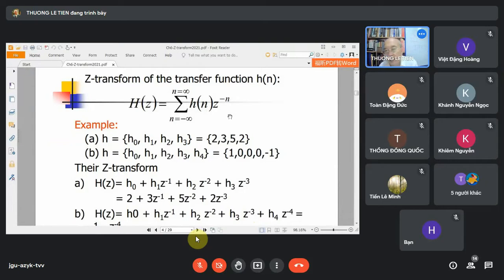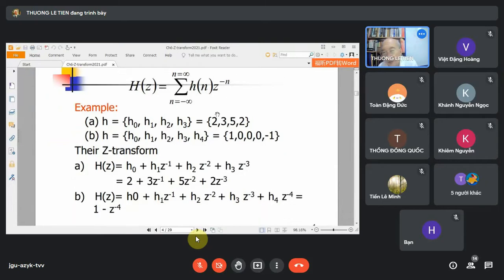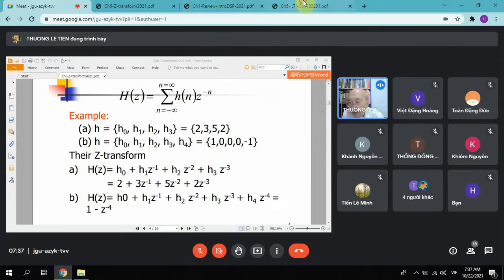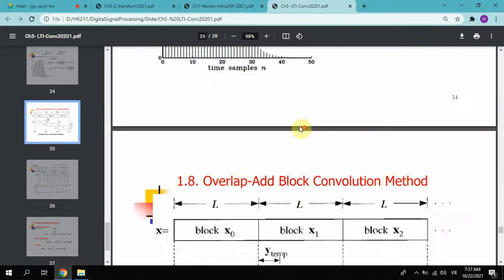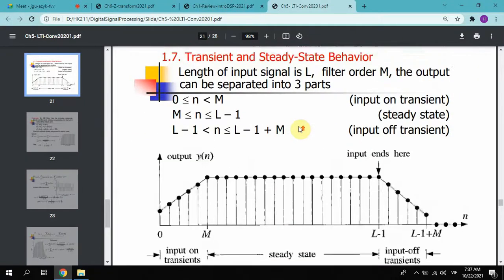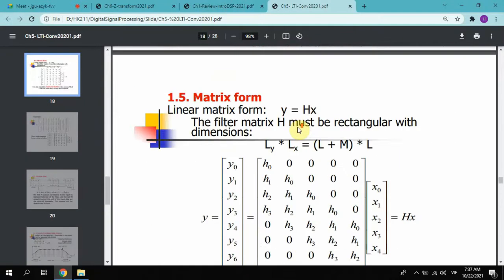Now, again, the given impulse response like this. Now I try to remind you. When we look at this one, the given impulse response, what form of the impulse response do we guess in this example?